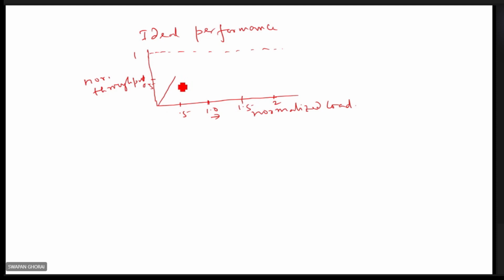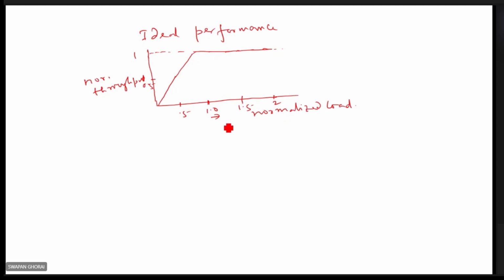The delivered packets will increase. Of course, some delay would be there, and ultimately, as you increase the load, it will reach the maximum capacity. Next, it will be constant. Even if you increase the load, the maximum throughput will stay at the maximum capacity.